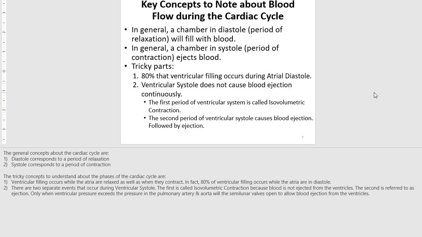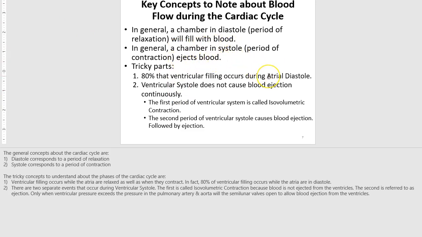The tricky parts about using those general definitions are twofold. One, ventricular filling, that means blood moving from the atria into the ventricle, occurs during atrial diastole as well as during atrial systole. So we had a general term up here, a chamber in systole ejects blood.